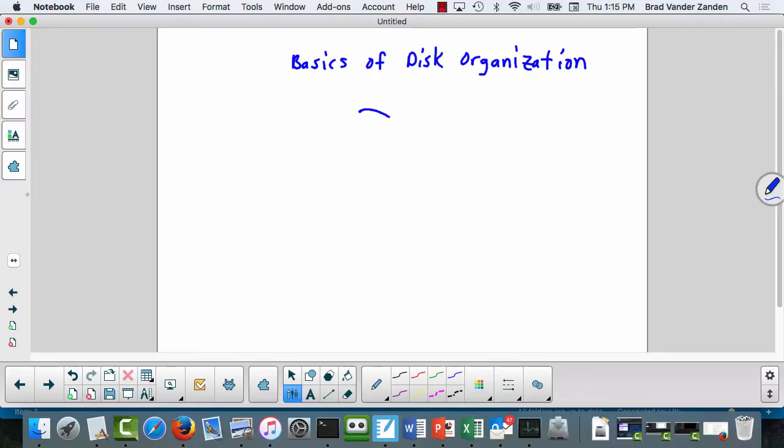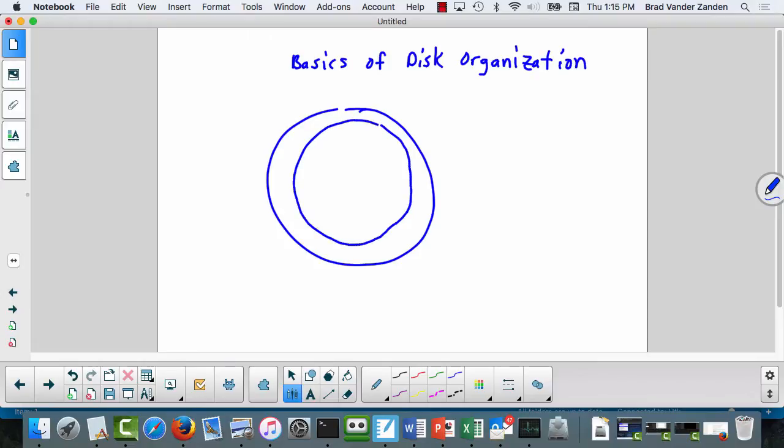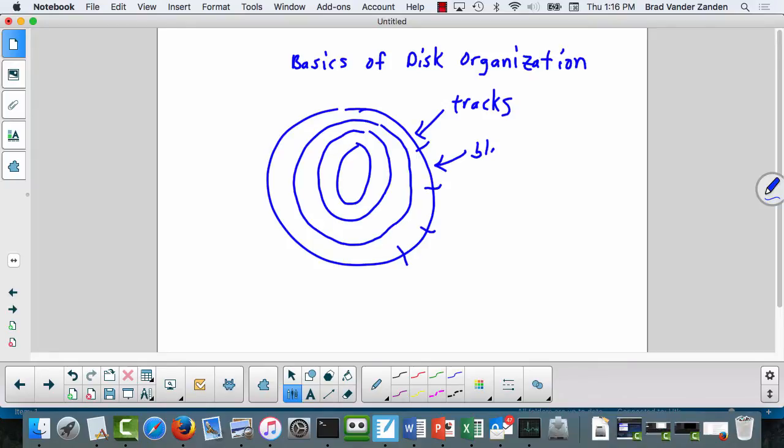So the idea is they're typically platters, hence the word disk. And the platters are organized into tracks. And the tracks are organized into discrete units called blocks that are of a certain size. In Unix, the typical size is 4,096 bytes for a block, but it can vary from system to system.